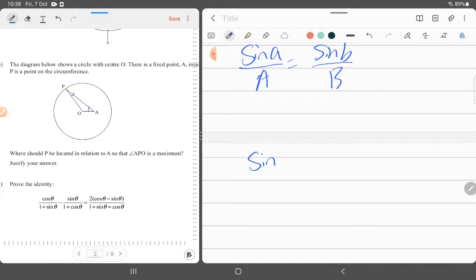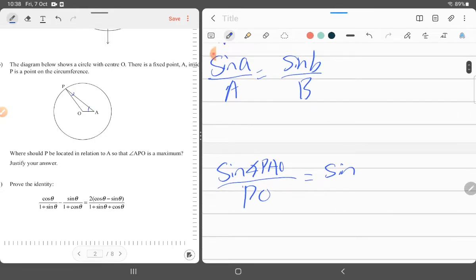So sine PAO over PO is equal to sine OPA over OA, and this is APO.